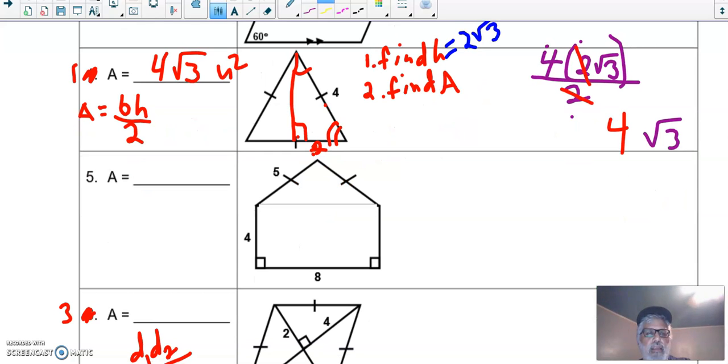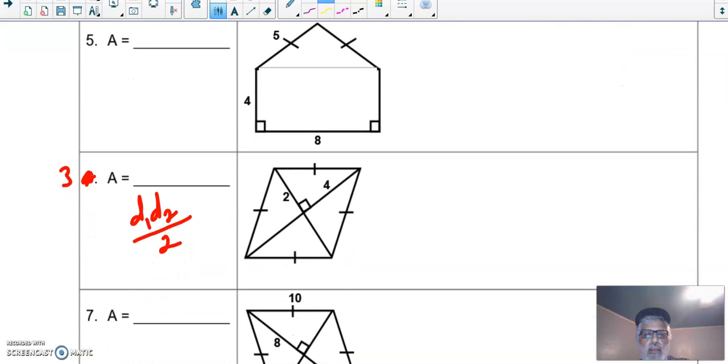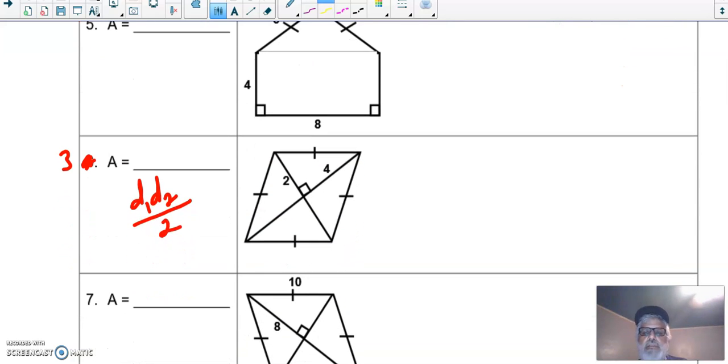Okay, number 3 is what we call a rhombus. Now, a rhombus is a parallelogram in which all four sides are the same. And if you see the tick marks, that means that all four sides are the same. Now, the notes will tell you that these diagonals, that center right there, cuts those diagonals in half. So if this side is 4, this side is 4. This side is 2, then this side is 2.